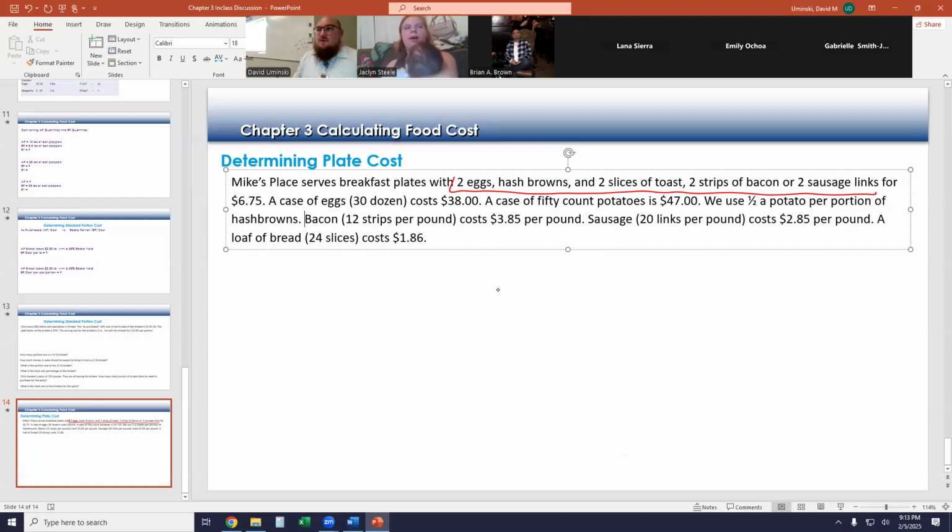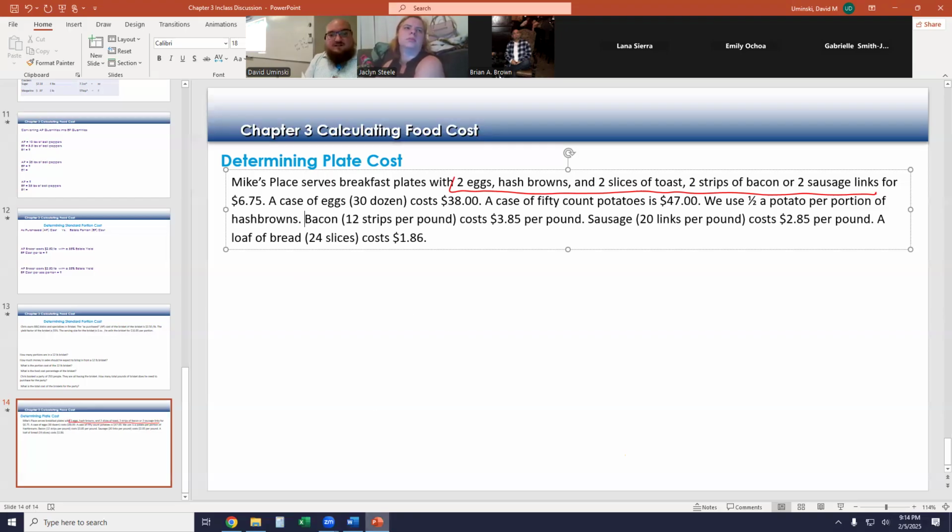We just did that. The 85 cents is what the three components are that are the same between both plates: the eggs, hash browns, and toast. And then the remainder of the $1.51 is going to be the cost of the bacon.